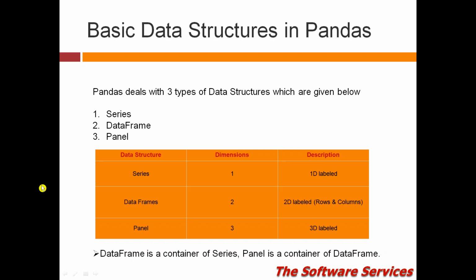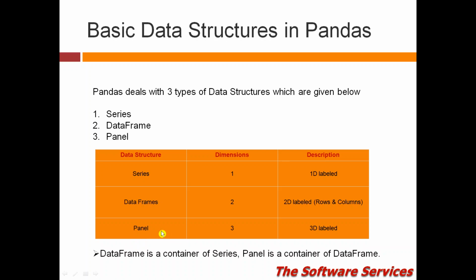So same, data frame is nothing but a table which has two dimensions. Two dimensions means 2D labeled, that means rows and columns. Labeled means this data is under a common heading of rows and columns. So it's a proper format, organized, structured data. Unlabeled means unstructured data.